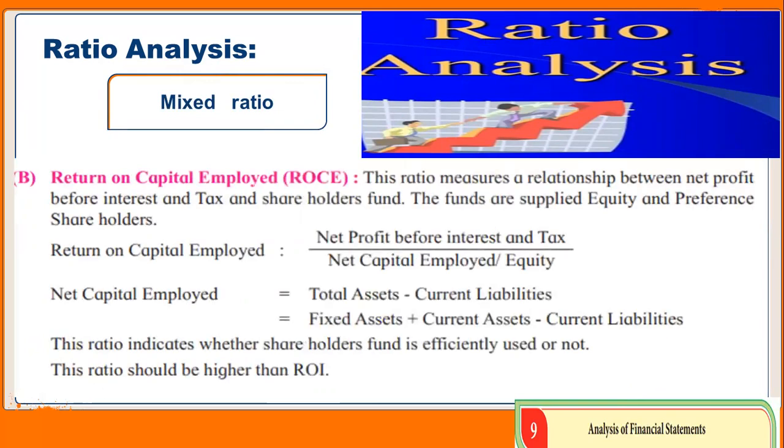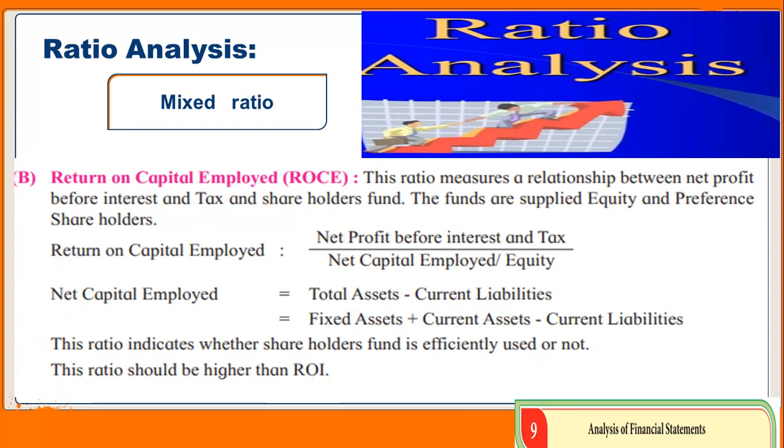The second part of mixed ratio is return on capital employed. This ratio measures a relationship between net profit before interest and tax and shareholders' fund. The funds are supplied by equity and preference shareholders. Return on capital employed is equal to net profit before interest and tax upon net capital employed or equity.